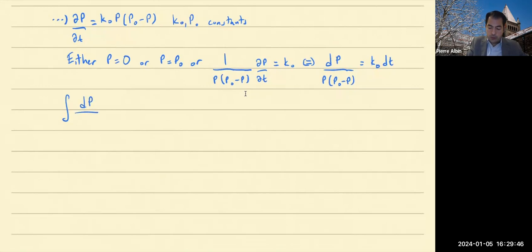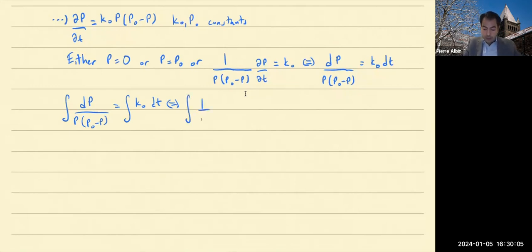So I end up with the integral of dp times 1 over p times (p naught minus p) equal to the integral of k naught dt. Right? So, okay, to do the left-hand side, you want to use partial fractions.